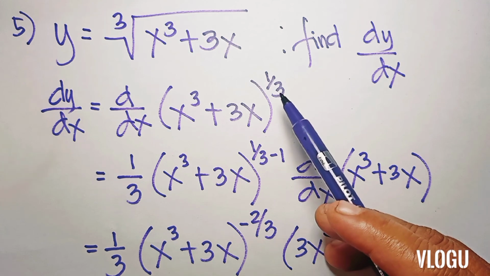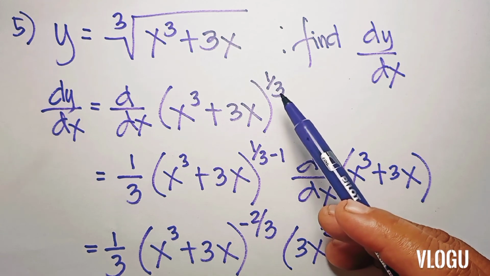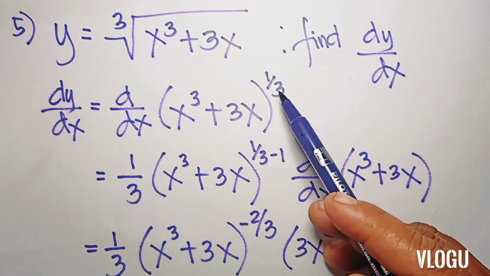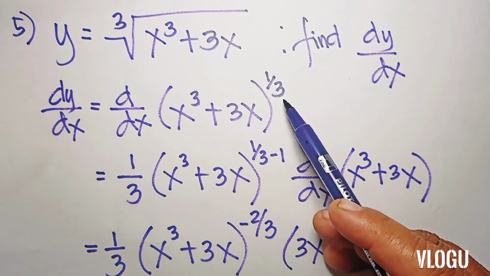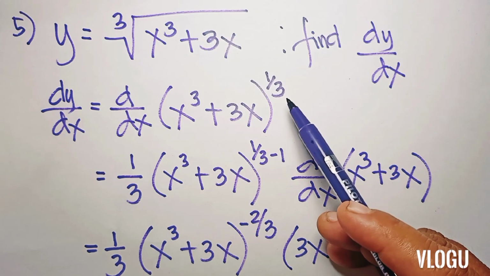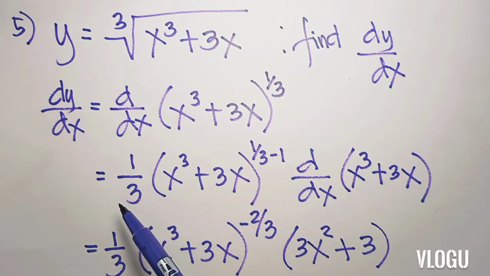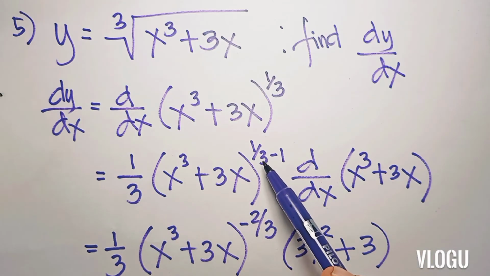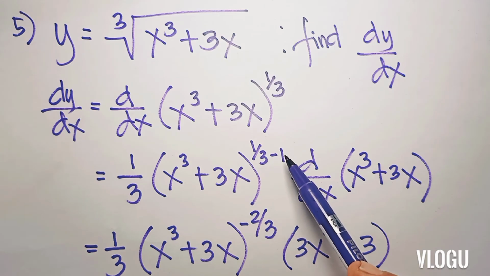If that is square root, that is raised to 1/2. Since our given is cube root, that is raised to 1/3. So your exponent here is 1/3. That's the reason you will have 1/3 (x cubed plus 3x) to the 1/3 minus 1.